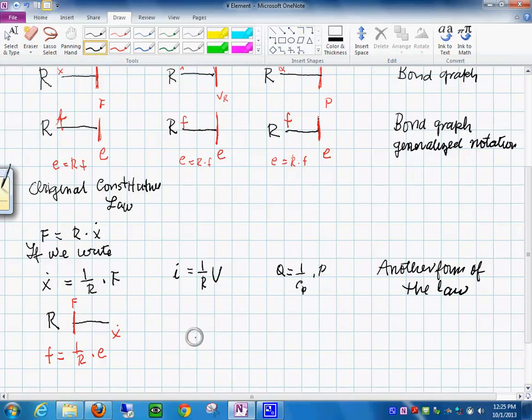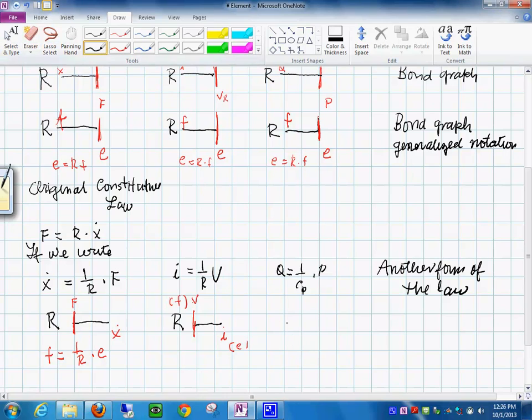So in here you have R, and the input of this is like this. The output then is I, and this is V. How about I put E in parentheses, and then F in parentheses here. So I don't have to draw another bond graph on this.